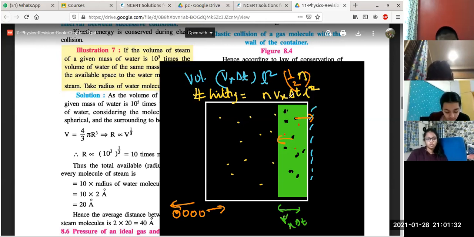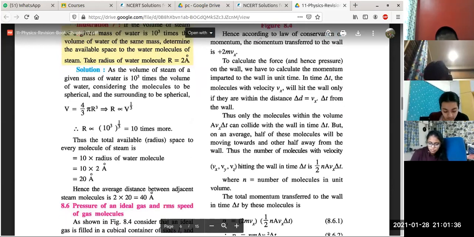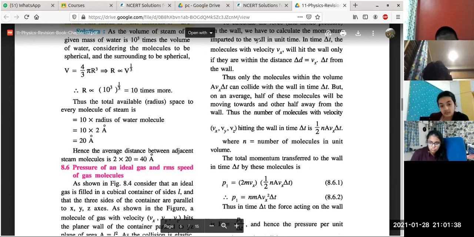So therefore, look here, write this after that: n is the number of molecules per unit volume. Therefore, the total momentum transferred to the wall in time t by these molecules is half n Vx delta t times A, and the momentum transferred by one molecule is 2 m Vx.